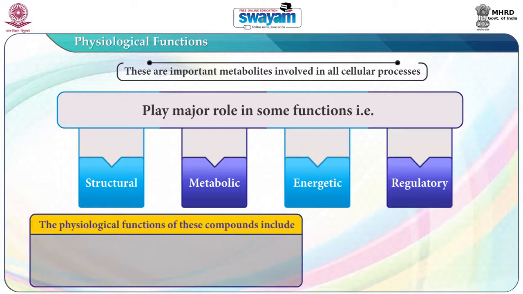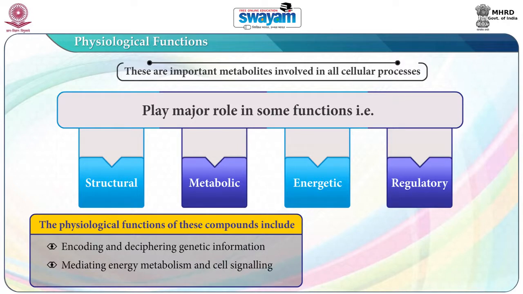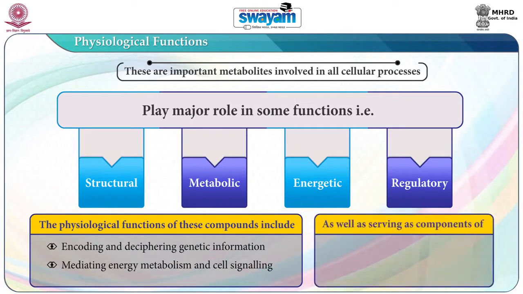The physiological functions of these compounds include encoding and deciphering genetic information, mediating energy metabolism and cell signaling, as well as serving as components of coenzymes, allosteric effectors and cellular agonists.